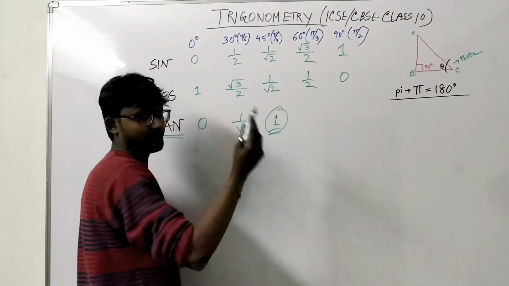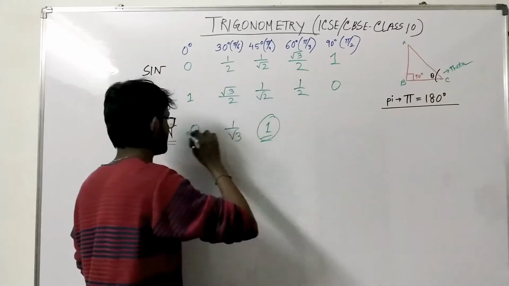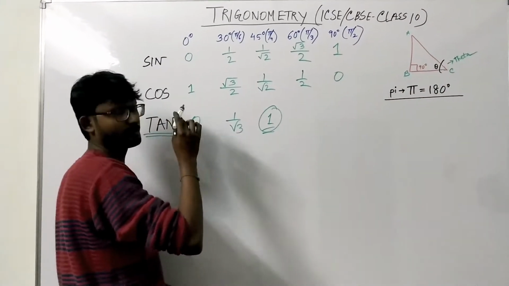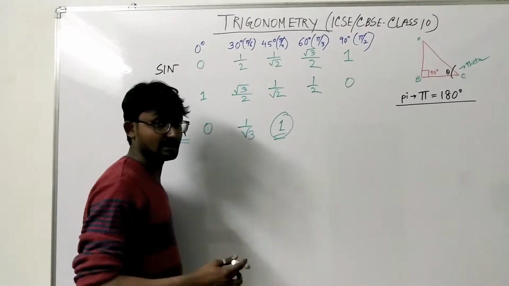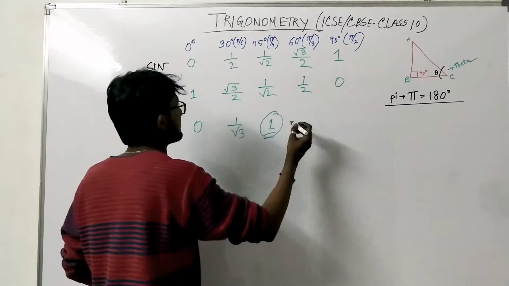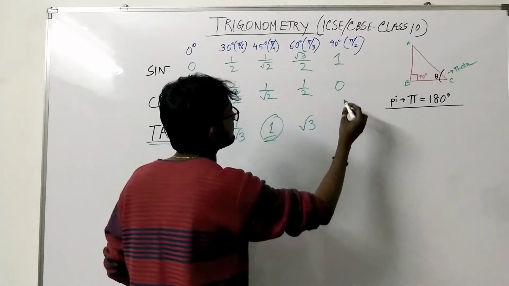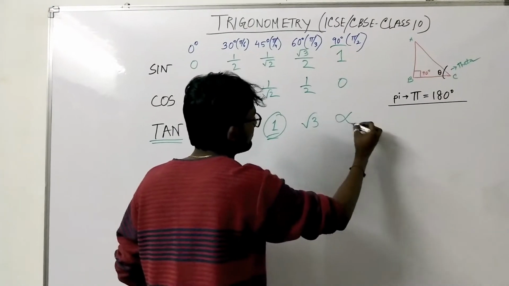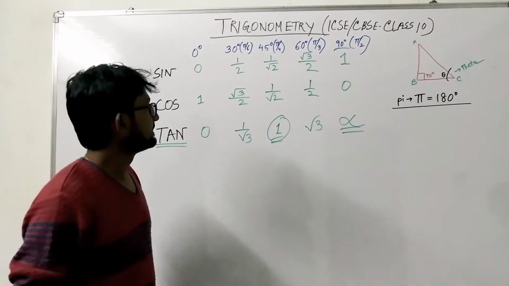See, tan is perpendicular by base, this is perpendicular, this is base, so tan. I'm telling you about tan because you're going to need this ratio very much in your height and distance problems. Tan 60 degree is root 3 and tan 90 degrees is infinite. It's not defined, you can say undefined.